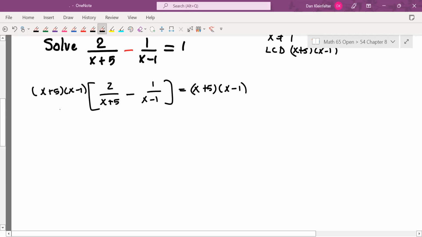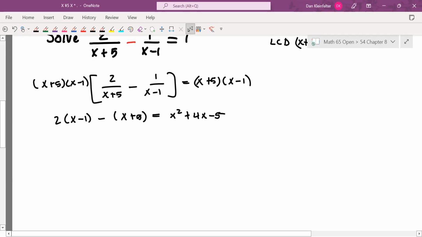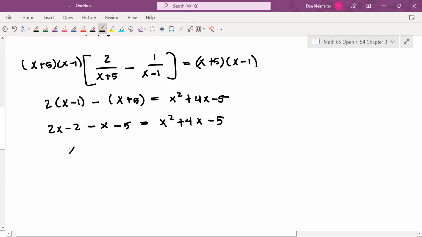And then when we cancel in the first term, we'll be left with 2x minus 1 minus, this time, x plus 5. The right side will be the same. And so then we'll have 2x minus 2 minus x minus 5. And so then simplifying the left side, we'll have x minus 7.